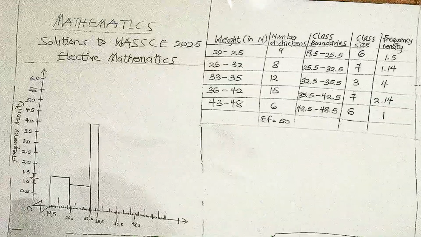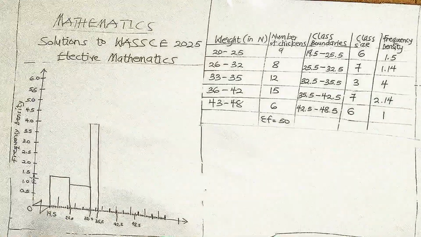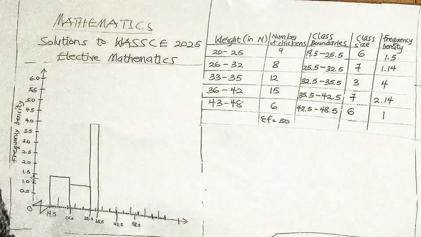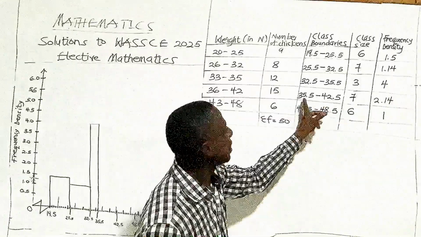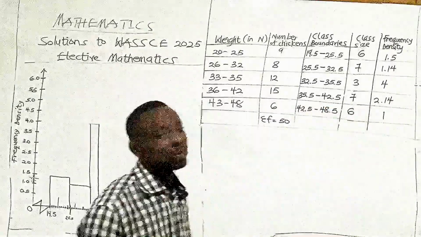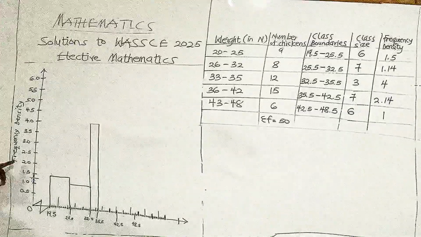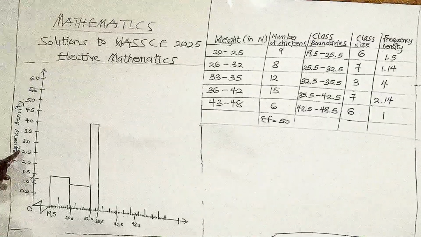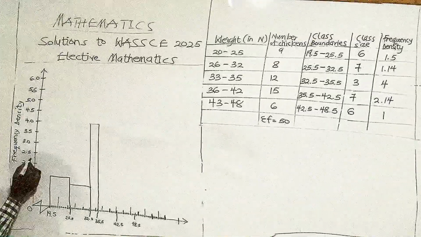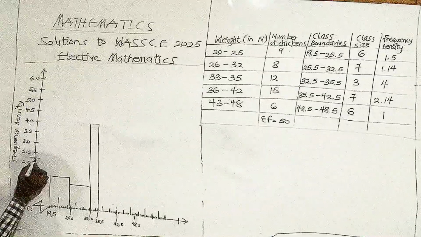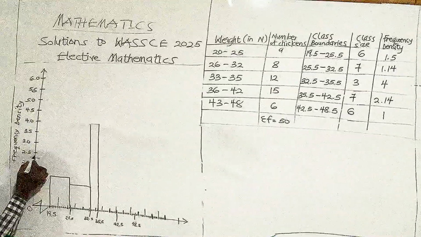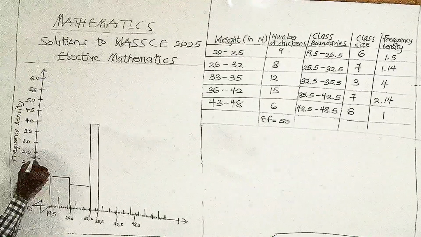Since you are using your graph sheet, you are going to get the lines very well. The next one, 35.5, is also corresponding to 2.14. And we know that 2.14 also lies between 2.0 and 2.5. So let's assume that this is the light line. We have 1, 2, 3, 4.